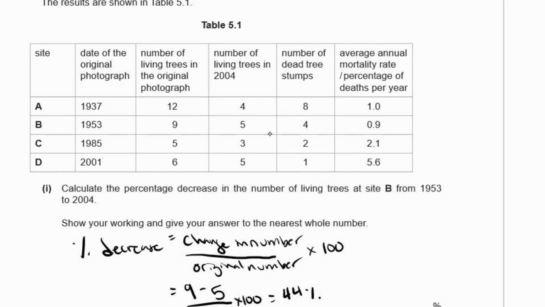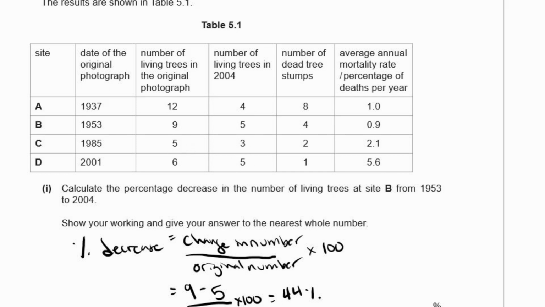You can also see that it's actually quite difficult to compare these numbers because they were taken at different sites at different times with a different number of starting trees. If you look at the original photographs, site A has the most trees and site C has the least trees.